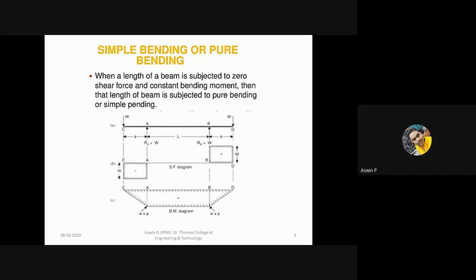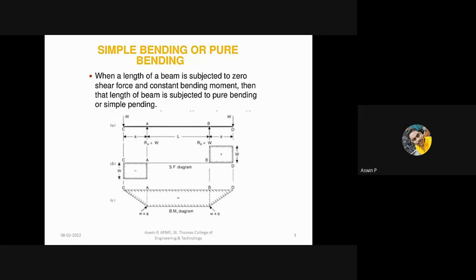So considering the A to B section, that is the simply supported beam section, you can see that there is no shear force as well as a constant bending moment. This is known as pure bending.